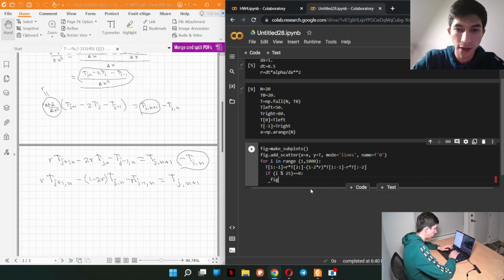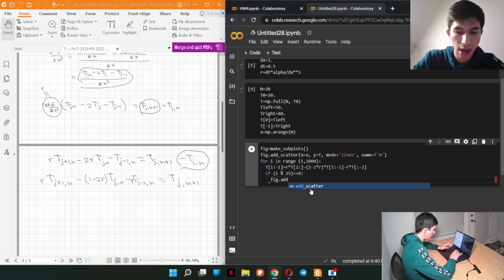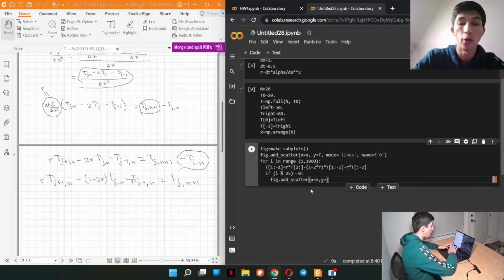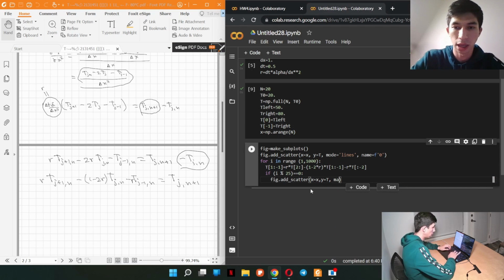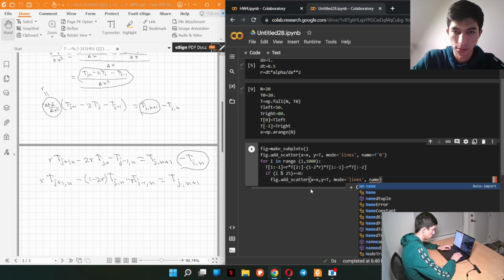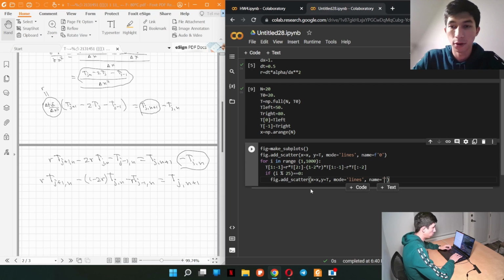Okay, so we're going to say fig add scatter x is equal to x. In y we have our updated temperatures. Again, for mode, we're going to have lines again, and for the name, let's have our I value.